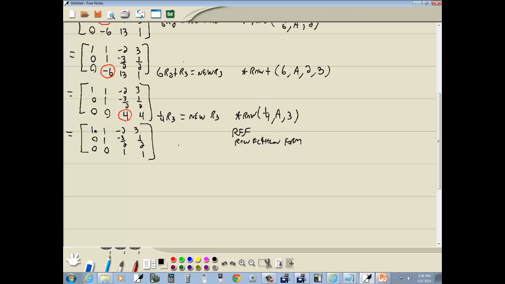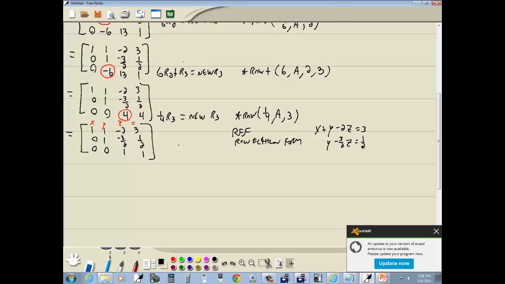So this is my X. I put my X's back in here, Y's in here, Z's in here, and this is my other side of the equals. So for my first row, I have X plus Y minus 2Z is equal to 3. For my second one, I'd have Y minus 3/2 Z is equal to 1/2. Then my last one, I'd have Z is equal to 1.